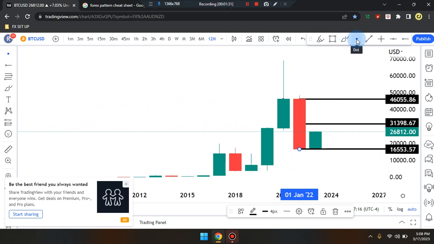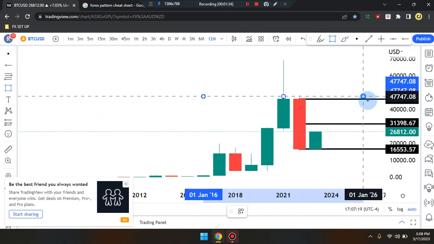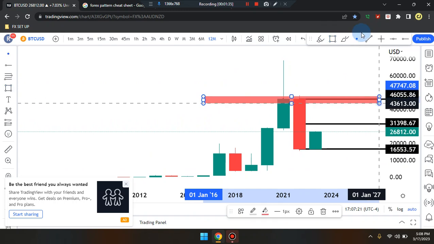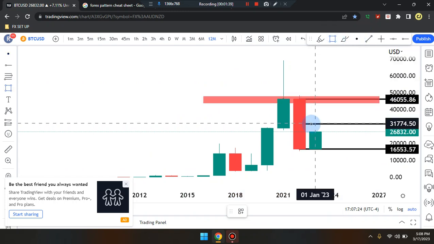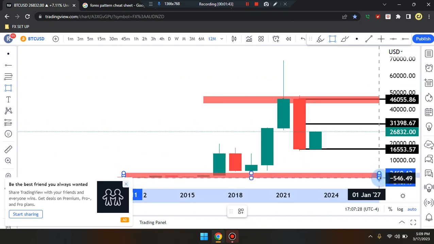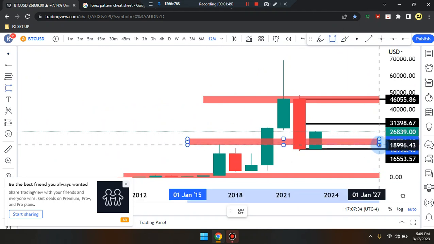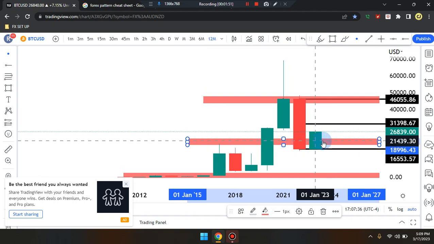So far we can see that we do have an area of structure of higher highs, and we have price action area structure of lower lows, and we can see that price action has just broken that midpoint line in that area.